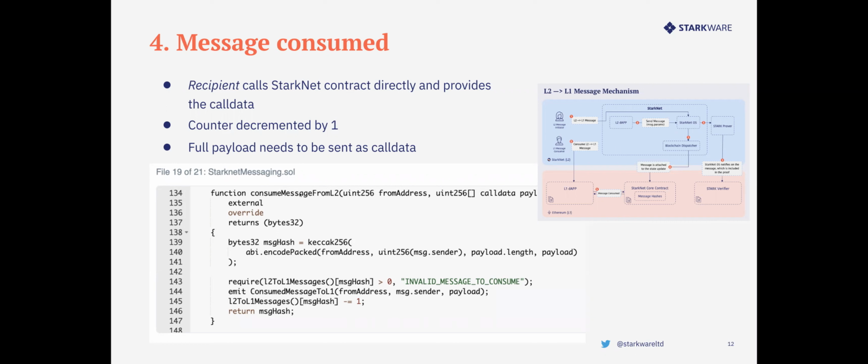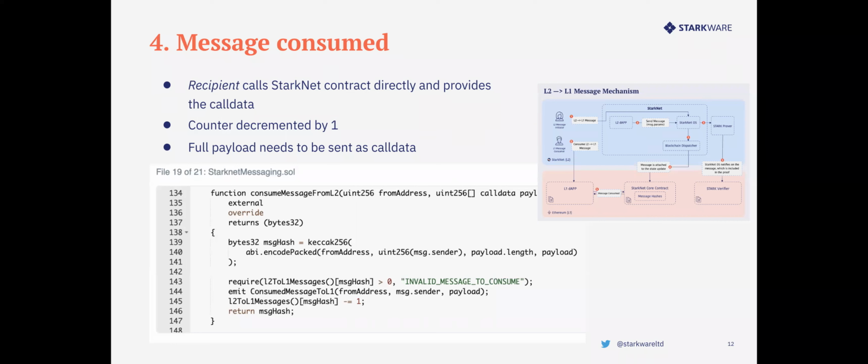So this consume message from L2 is a function that is part of the core contract. And this is what we call from a contract that lives on L1, for example, the bridge, when we want to consume this message. What do we need to provide? We need to provide the from address, which is whoever sent it on the L2 side, which is the DApp that sent it.